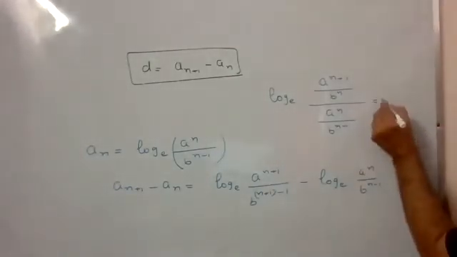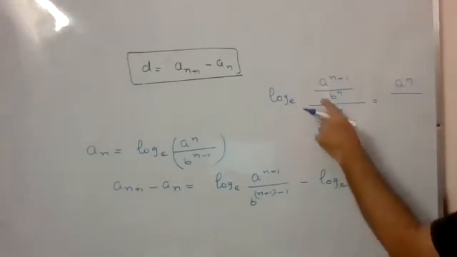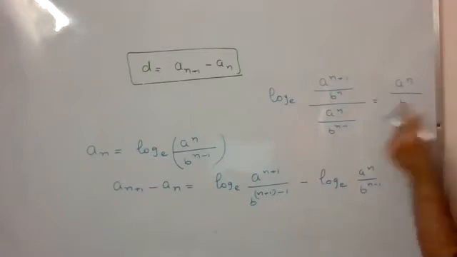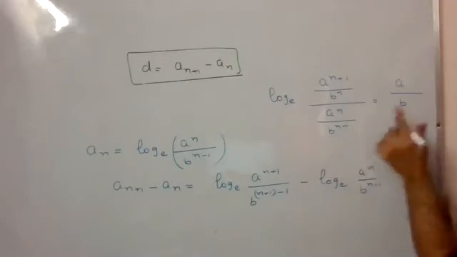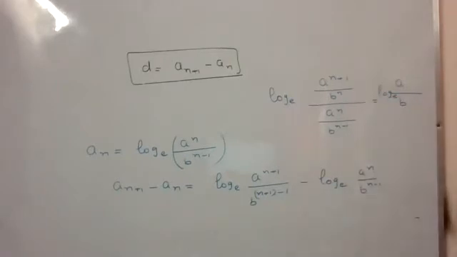Now check please what it will come. A power n plus 1 in the numerator, a power n in the denominator. n आएगा क्या, नहीं. a power 1 रहेगा ऊपर, right? Yes. और b power n और b power n minus 1 यहाँ b रहेगा. So it will come out to be log of a by b.